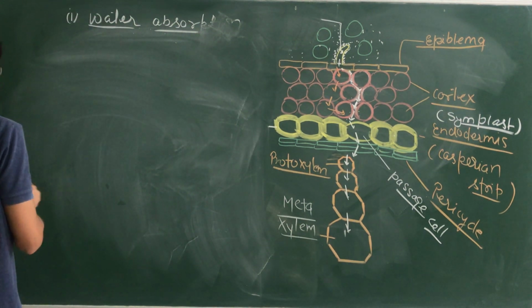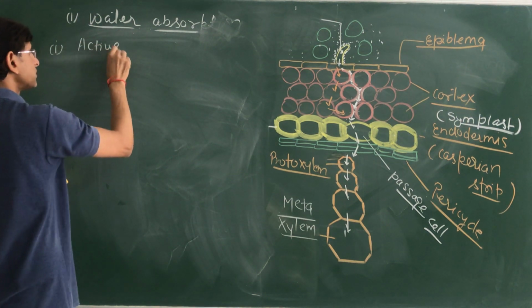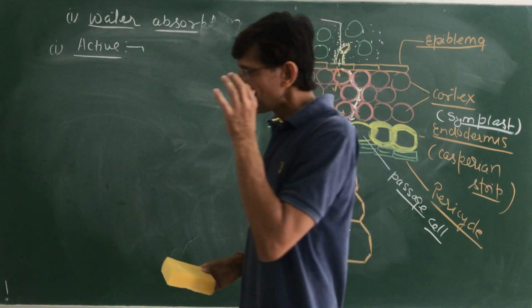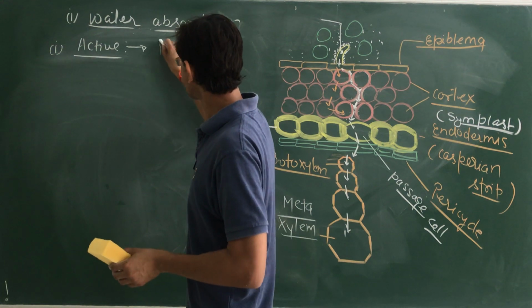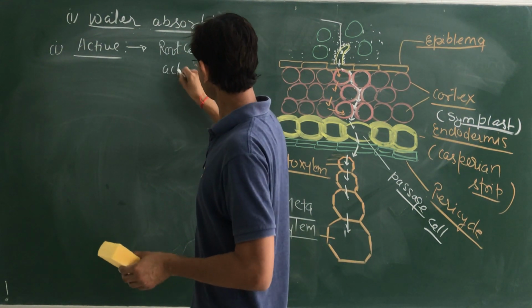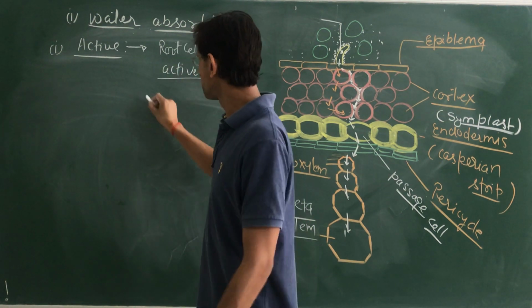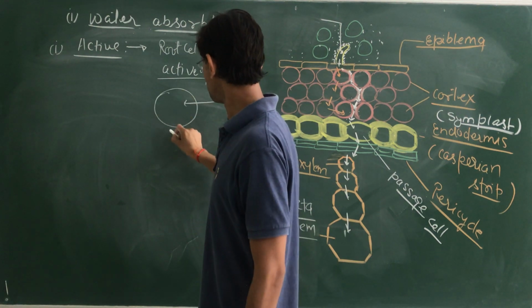What does this mean? Active water absorption. Listen carefully. Active water absorption includes all those processes in which root cells actively take part in water absorption and water enters into the root cell.